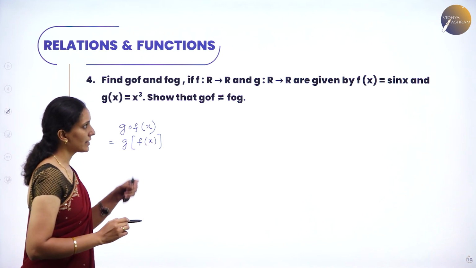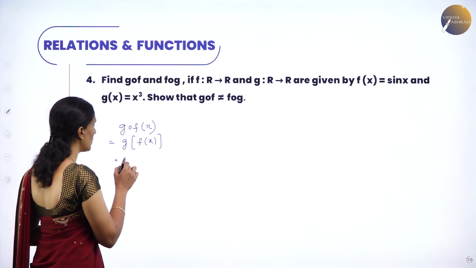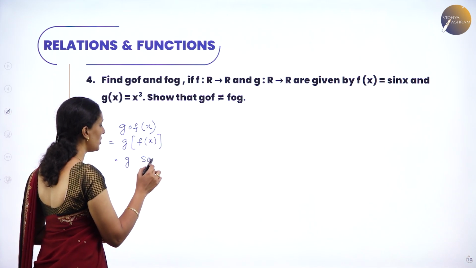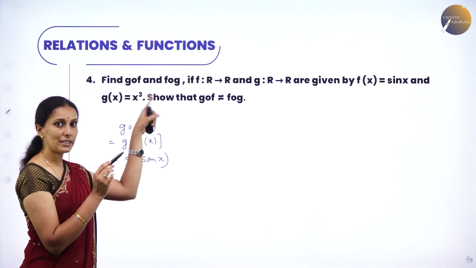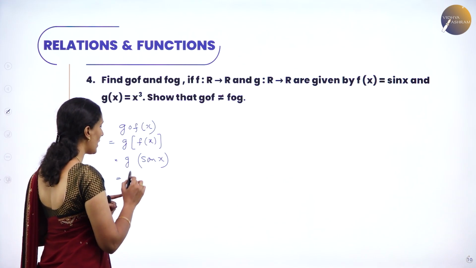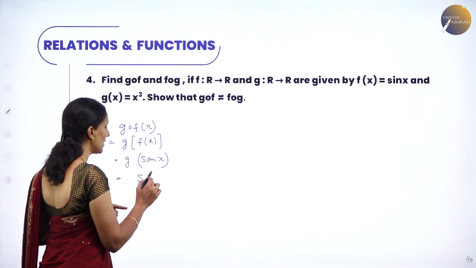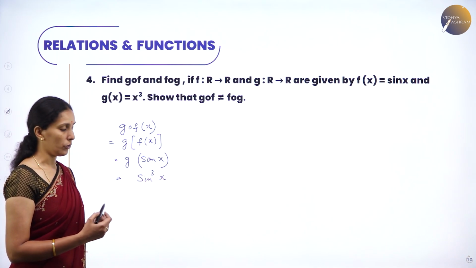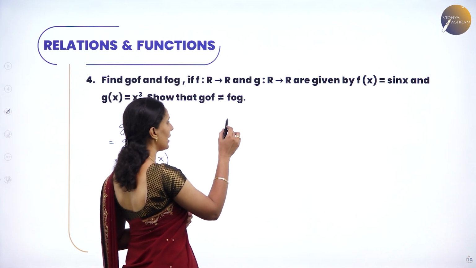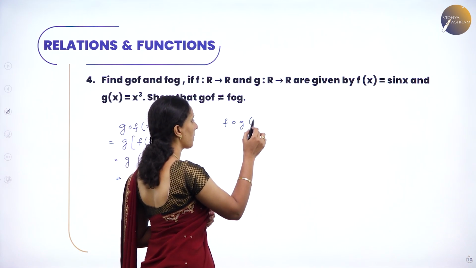What is f(x)? f(x) is sin x. So here it becomes g(sin x). Now if we have x, it has to be written as x cube. Since we have sin x here, it is sin cube x, or you can write it as (sin x) whole cube.